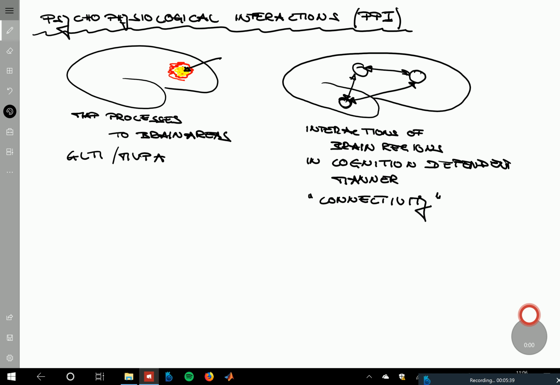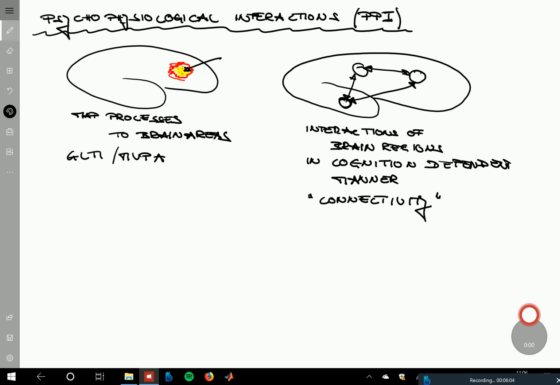I mean, this is actually a little bit of a problem, especially if you do GLM analysis and then the authors write something like, this is now the network, and these network interactions generate the complex cognitive processes that we are interested in. Well, that's not what the data analysis actually shows.